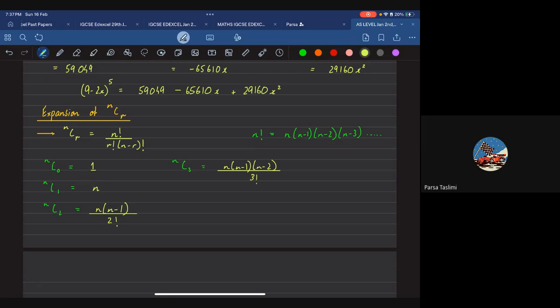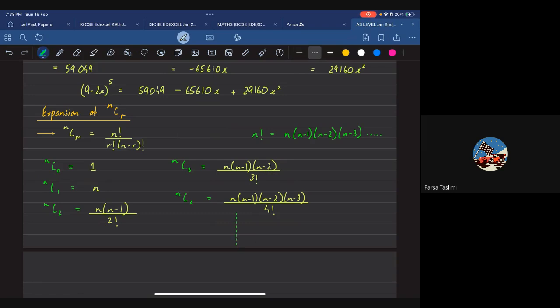And you could continue forward as well. We can say NC4, more or less the same thing. You're just increasing the powers, over 4 factorial. And this can continue on and on and on.